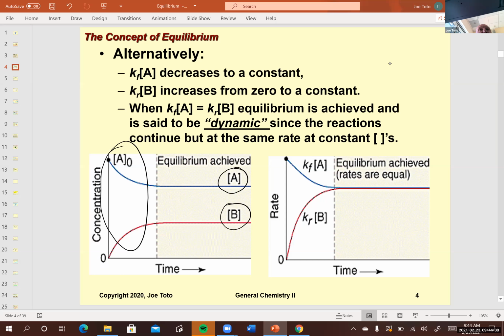But it alludes to the idea of one of the main purposes of studying equilibrium. Because if you're running a reaction in the lab or in an industrial setting or whatever, I think one of the purposes of running the reaction is to maximize the number of products.